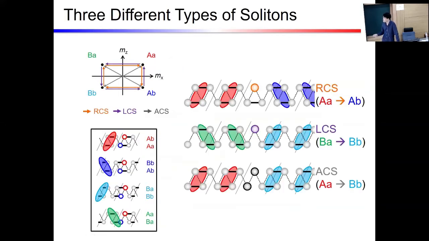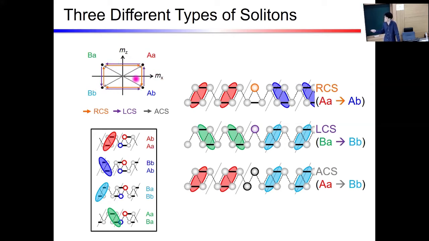And also in the order parameter space, we have 12 connections between any two ground states, where the arrow actually represents a soliton, because two different ground states are connected on one chain. They should be connected smoothly, which excites a topological soliton. We call it a chiral soliton. As you can see here, four of them rotate clockwise in the order parameter space, through red, orange.